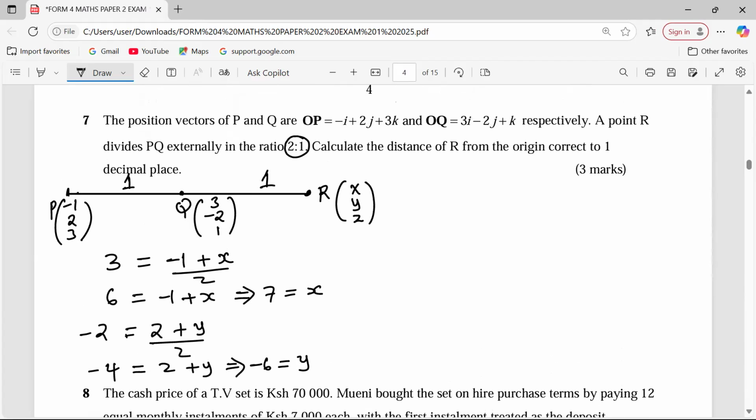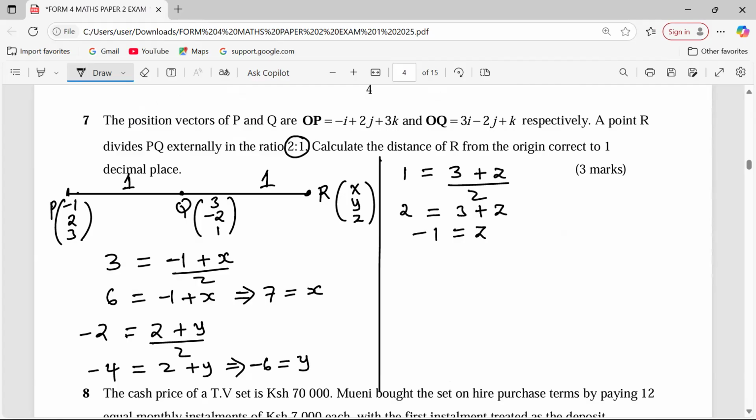Then for the Z, we shall talk about the middle value of Z is 1. This is given by 3 plus the known Z divided by 2. This shall be 2 equals to 3 plus Z. So to remain with Z, then 2 minus 3, which is -1.